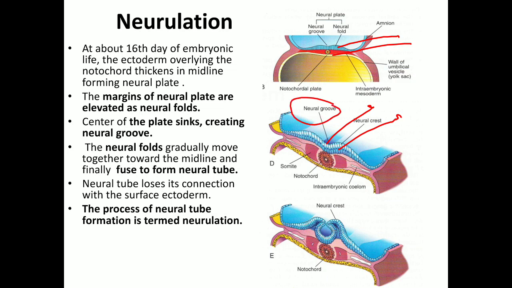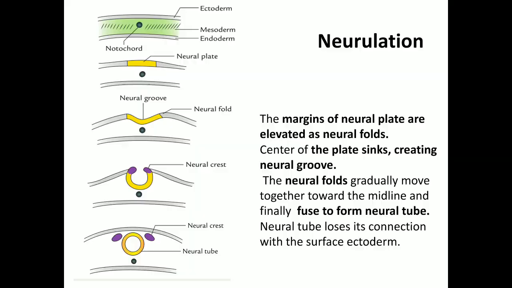So these are the neural folds, they gradually move towards the midline and finally fuse to form the neural tube. And here you can see this diagram showing development of the neural tube.